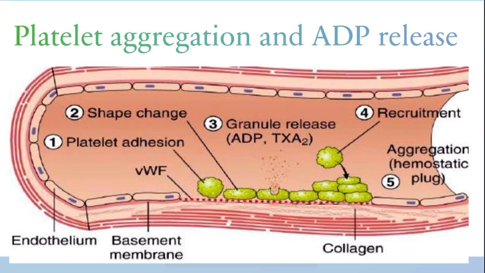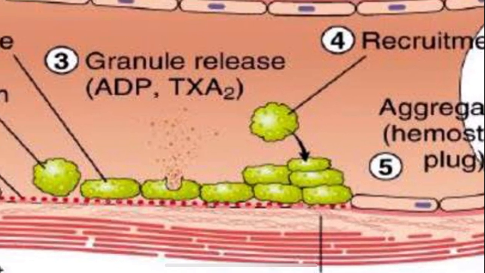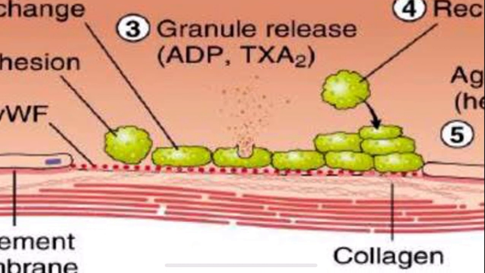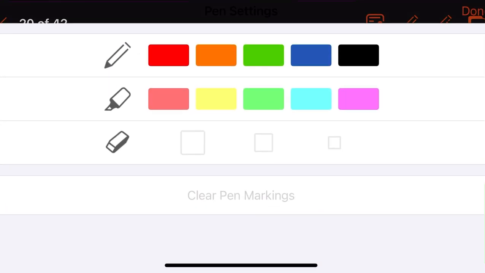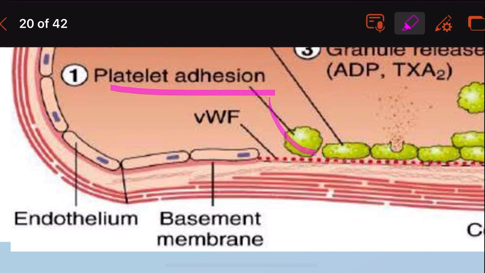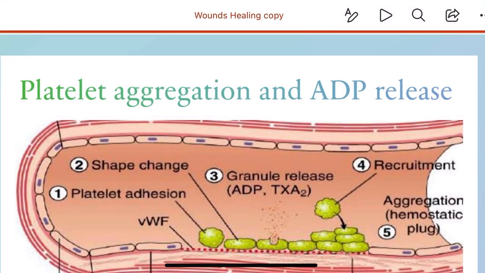Once there is vasoconstriction, aggregation of the platelets results in the hemostatic plug, and there is release of ADP, platelet adhesion happening. There is platelet aggregation and adhesion to the injured site, and also there is a release of ADP. So this is the inflammatory stage.